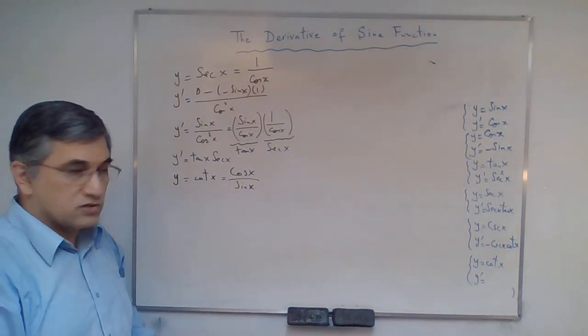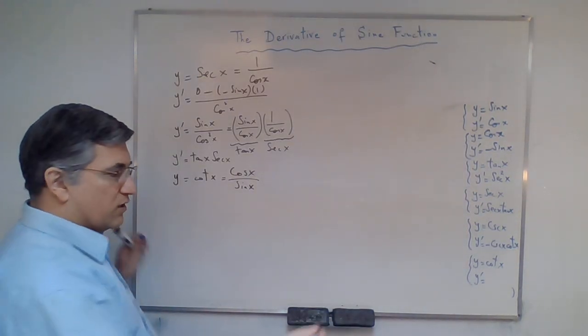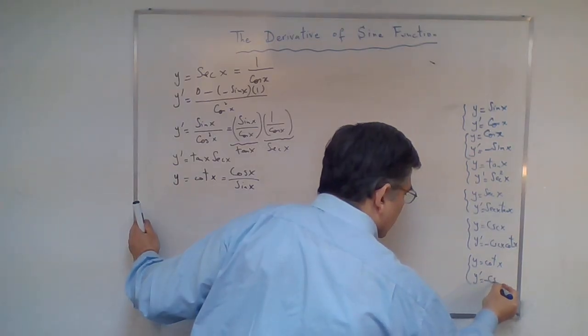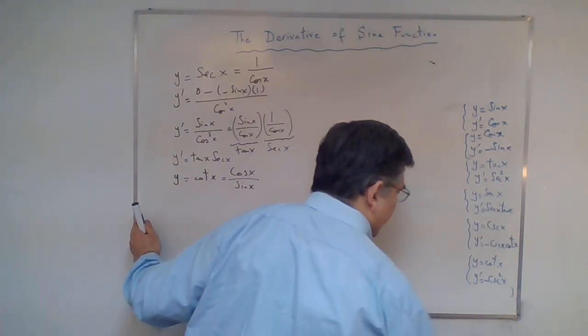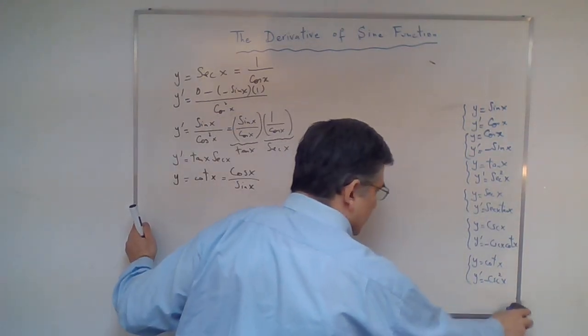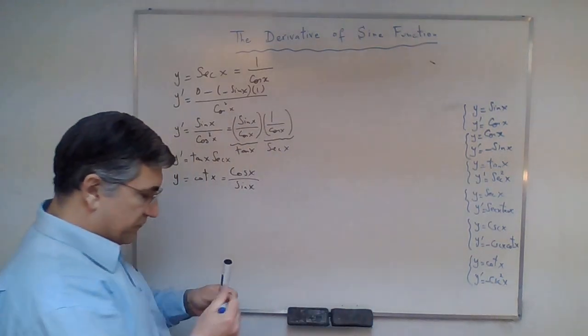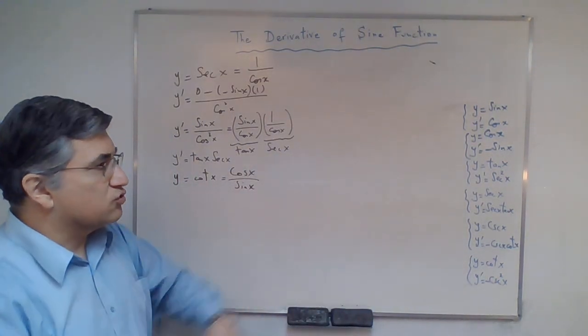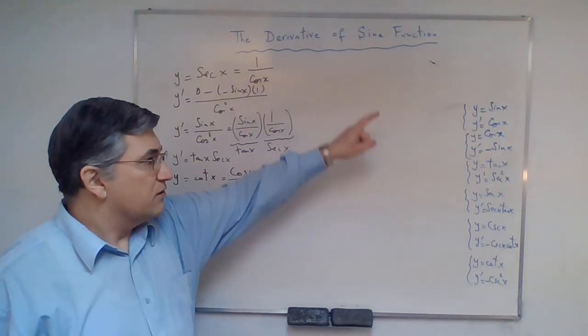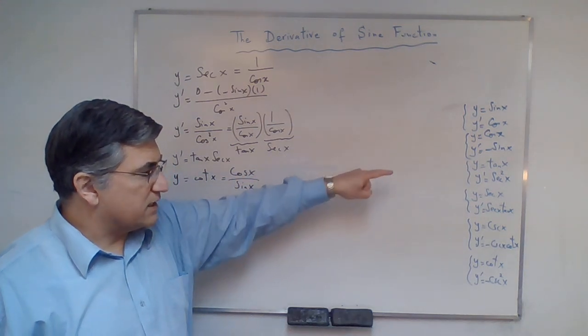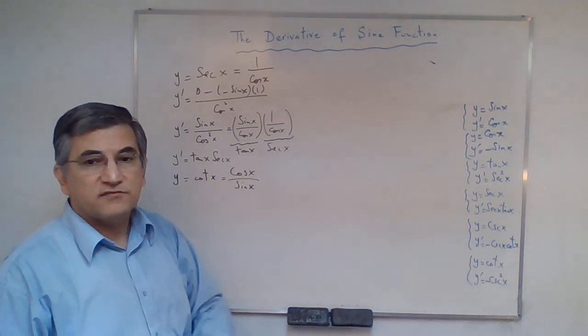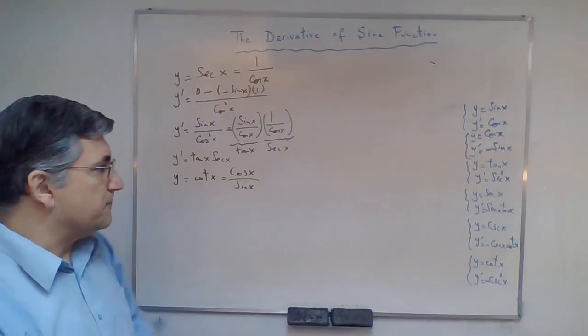I trust you will do it. Final answer will be negative cosecant squared of x. So now I have 6 derivative formulas here for sine, cosine, tangent, secant, cosecant, cotangent. You can find the derivative of any trigonometric function basically.